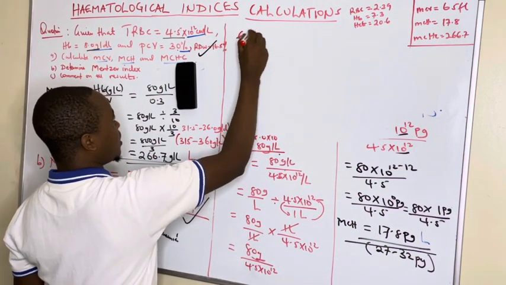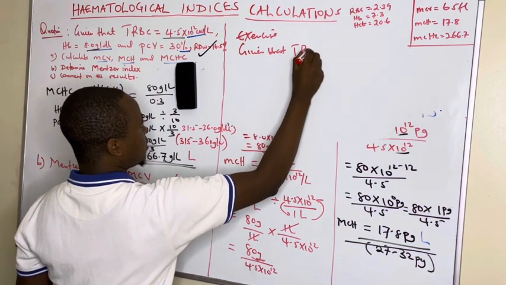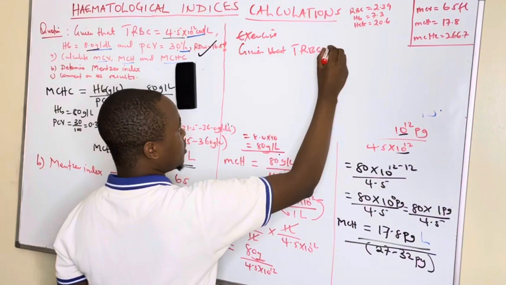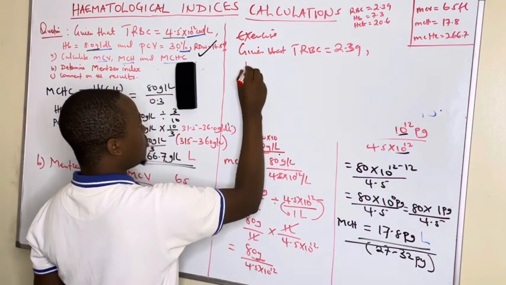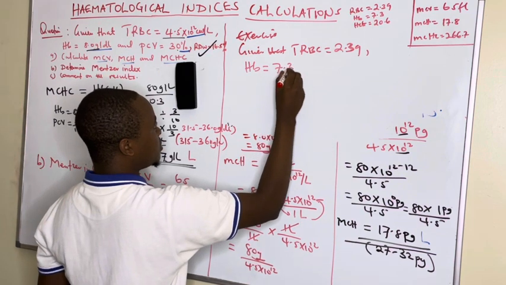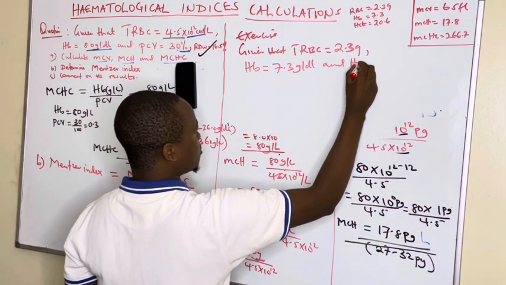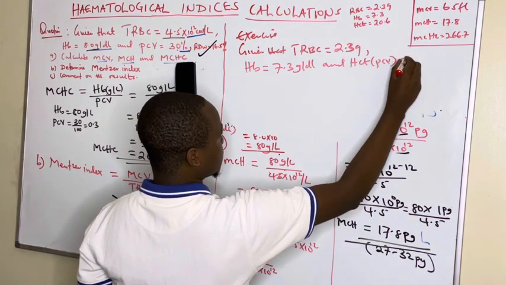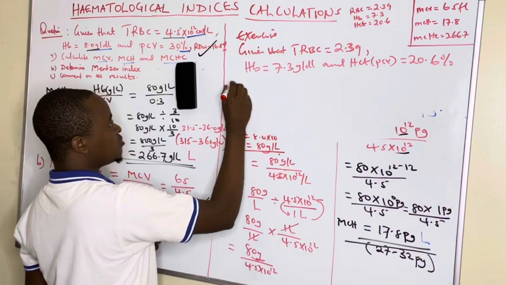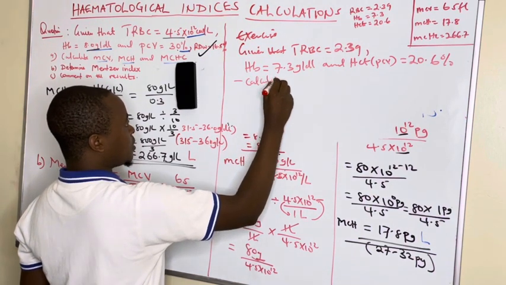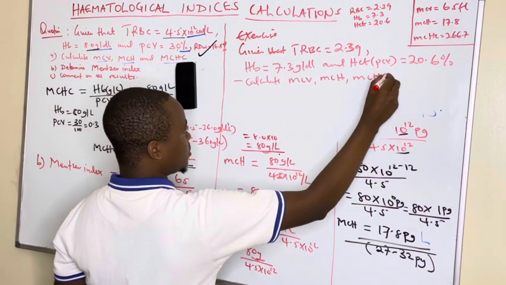Given that the total RBC count of patient X is 2.39, the hemoglobin concentration is 7.3 grams per deciliter, and the hematocrit, or what we call PCV, is equal to 20.6%, I want you to calculate MCV, MCH, and MCHC.